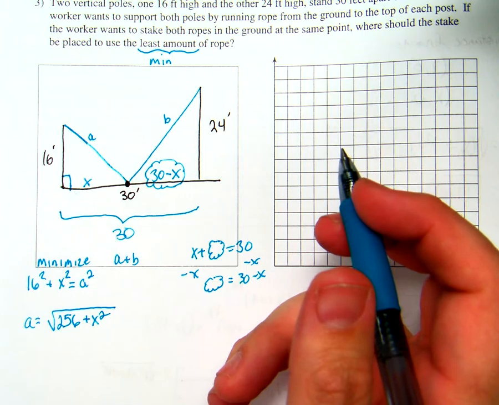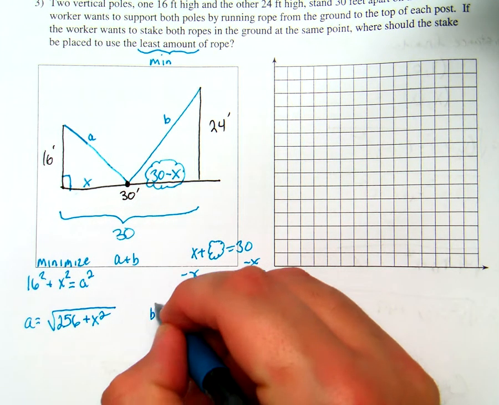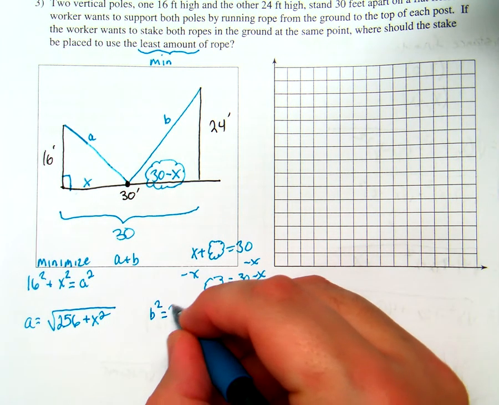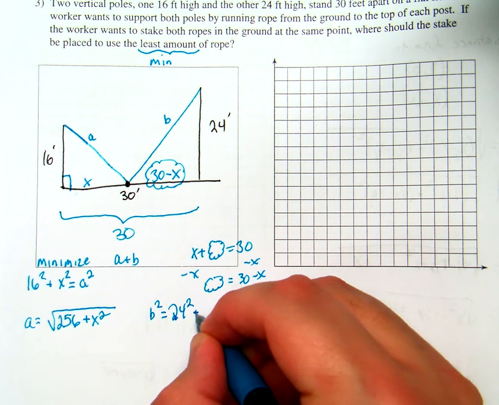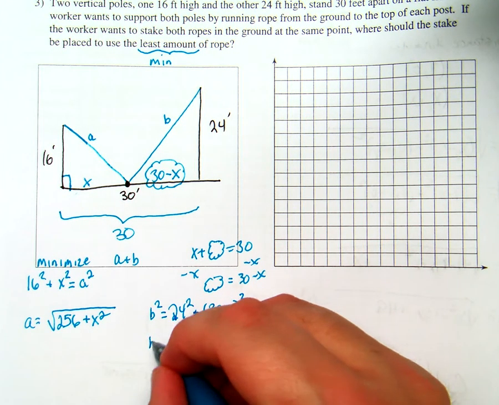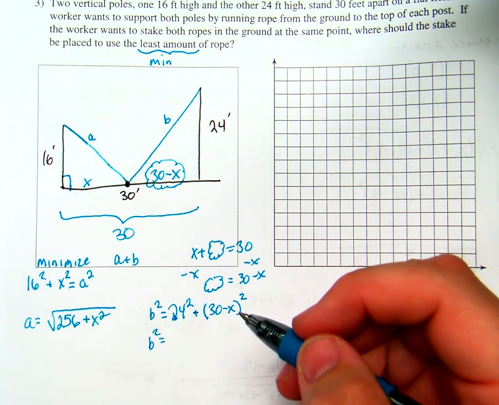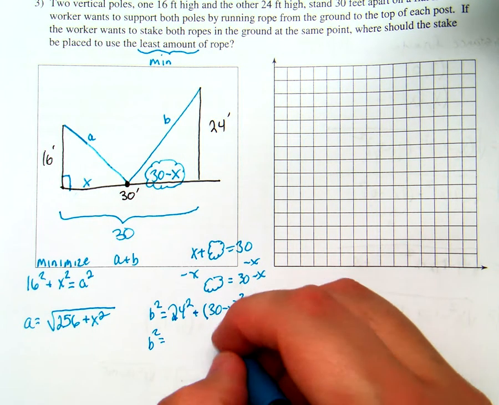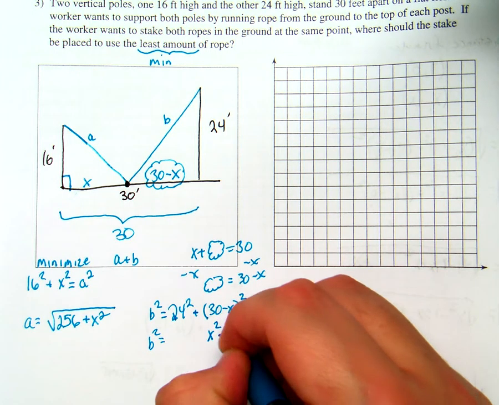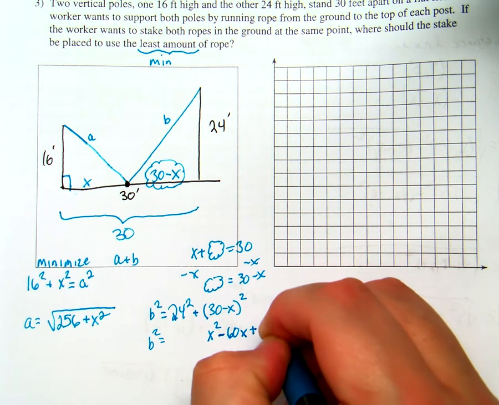Now, if we're trying to find b, b squared is equal to 24 squared plus 30 minus x quantity squared. So b squared is equal to x squared minus 60x plus 1476.